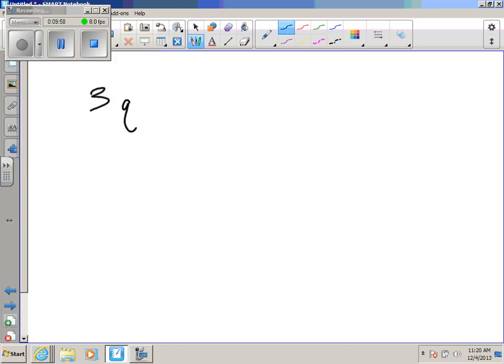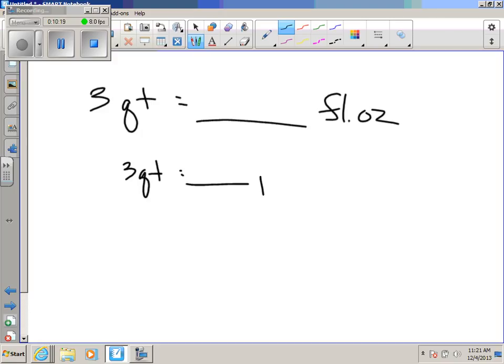All right, 3 quarts is equal to how many fluid ounces? So again, I'm going to have to work my way down from quarts to pints to cups to fluid ounces. I'm going down, though. I'm multiplying, so that's going to make it even easier. So quarts to pints, times 2? 6 pints.